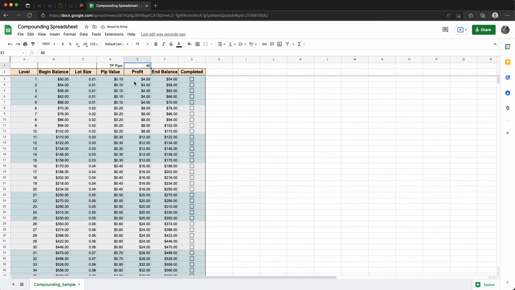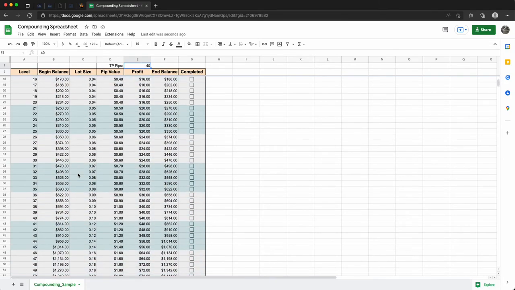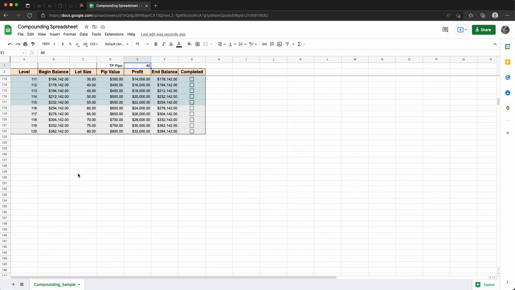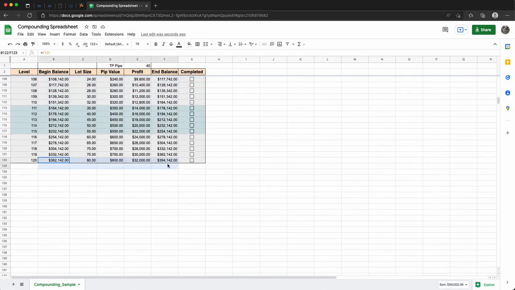So 20 pips per trade equals 40 pips per trading day for me. So by this logic, with a $50 balance and 40 pips per day split in 2 trades, you can grow your account to this amount, $360,000, in 120 levels, 120 trading days, which is almost 6 months.